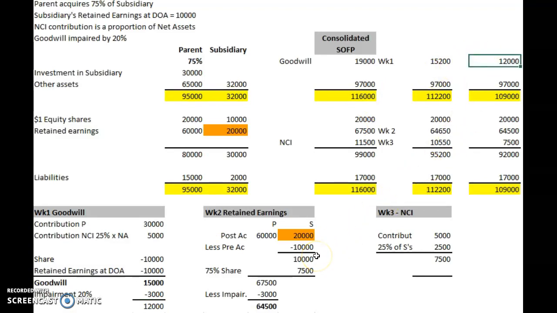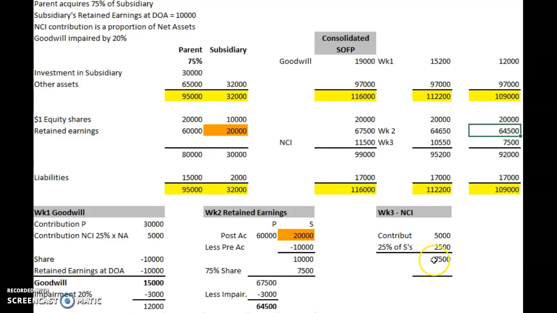Then the parent's retained earnings was reduced by the entire amount of the impairment. So this 3,000 figure was brought in here. So that means here the parent's retained earnings is the lowest of these three figures, and that makes sense because it's taking the full amount of the impairment.